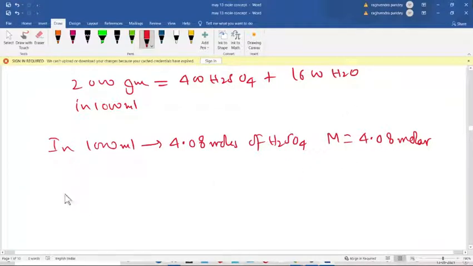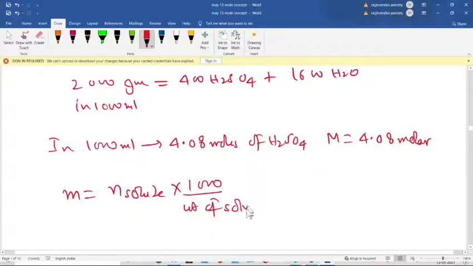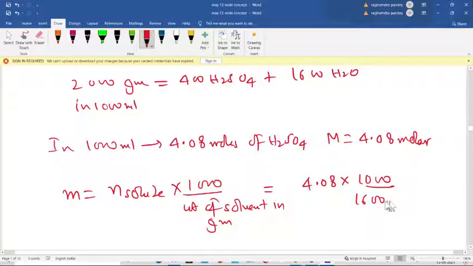Now what is molality? Molality is the number of moles of solute into 1000 upon weight of solvent in grams. So for the molality, the number of moles of solute will remain the same, 4.08 into 1000. What is the weight of solvent? That is your 1600 grams.